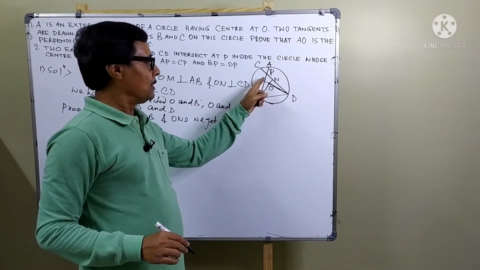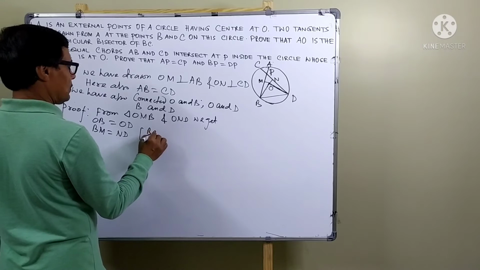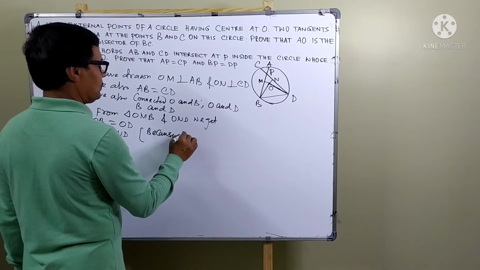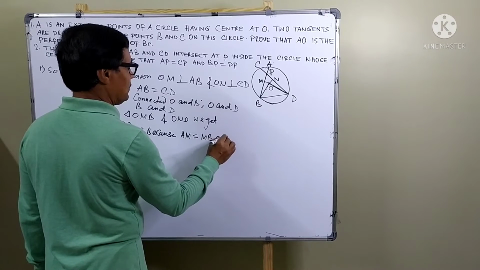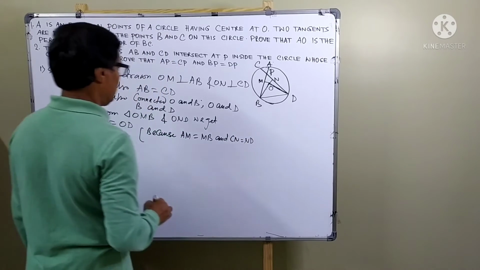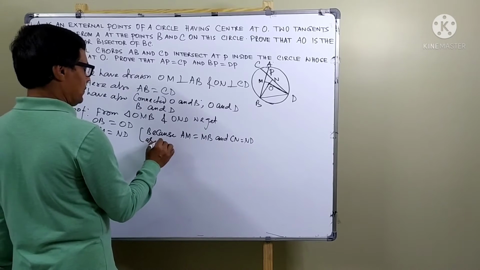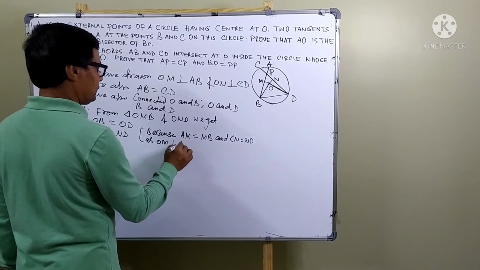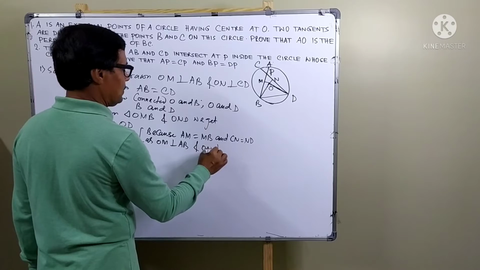BM equal to ND because AM equal to MB and CN equal to ND, as OM is perpendicular to AB and ON is perpendicular to CD.